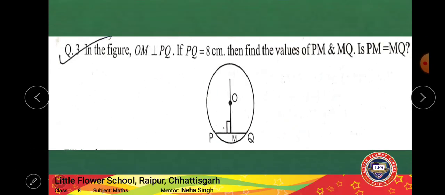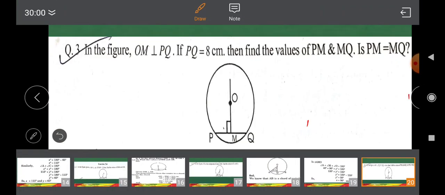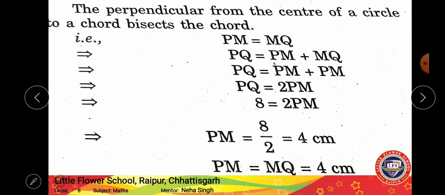Now coming to the third question. It is given that OM is perpendicular to PQ, and the value of PQ is given as 8 centimeter. You need to find the value of PM and MO, right? How can we find PM and MO? See here. The perpendicular from the center of a circle to a chord bisects the chord.